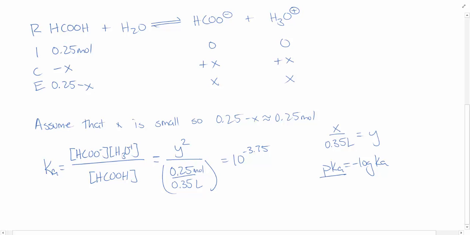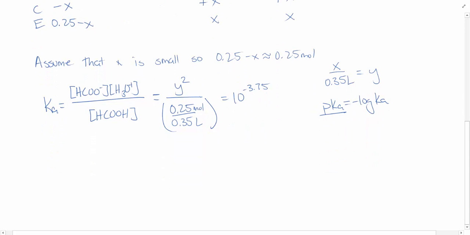Solving for Y, we find that Y is equal to the square root of 10 to the power of negative 3.75 times 0.25 over 0.35 molar.